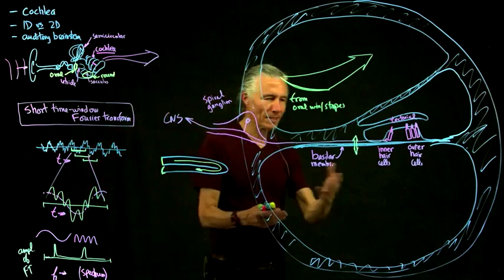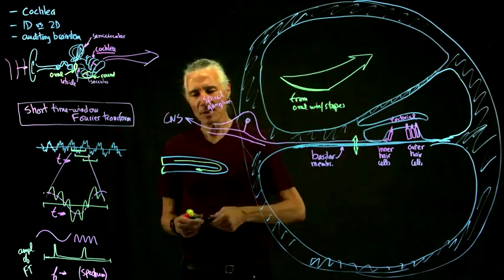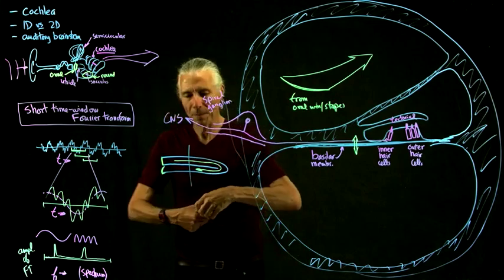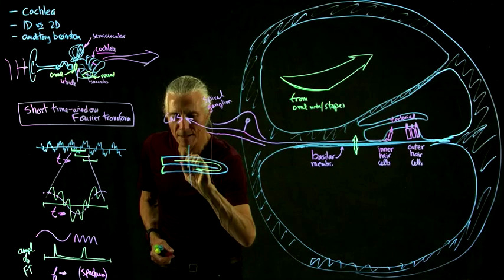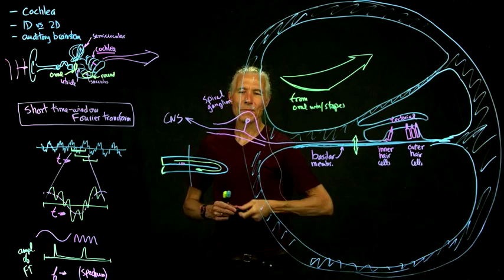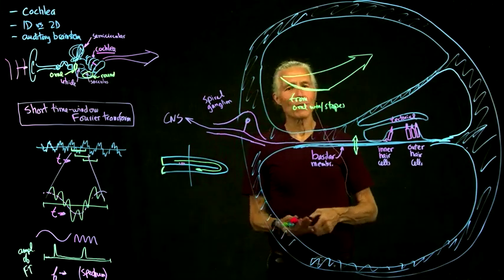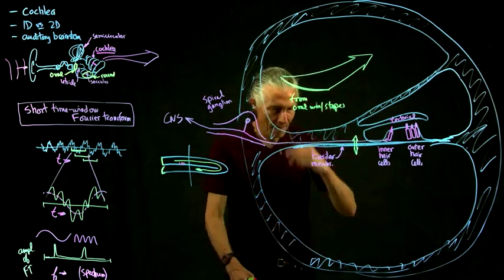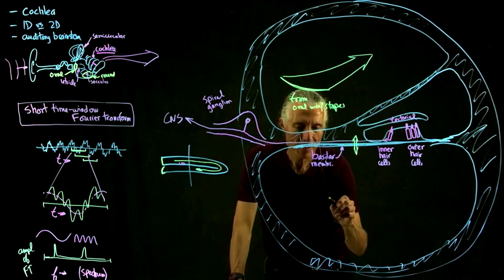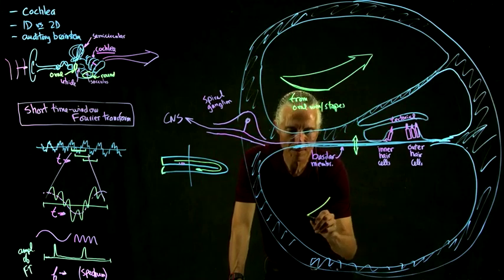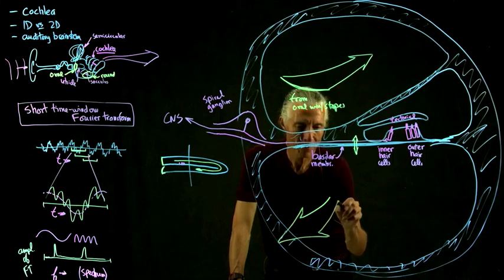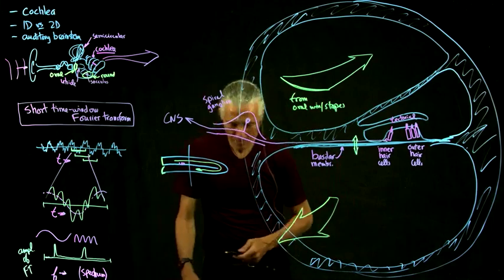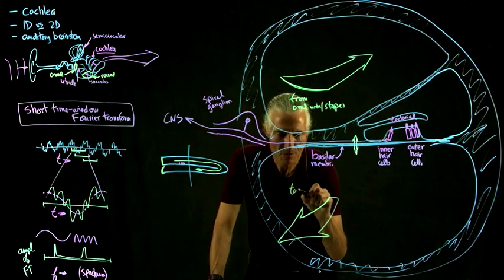And that's the same thing that we're looking at here, just in cross section. All the hair cells are mounted right inside here. It's the same way in a bird. And here the fluid is coming out, to the round window.